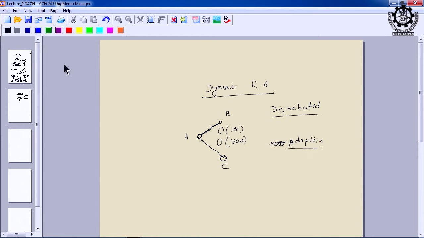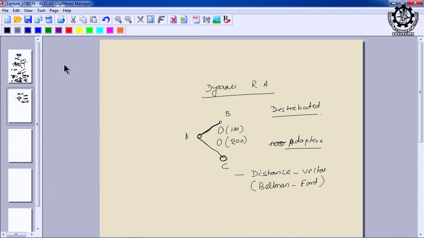And in this category of routing algorithm, the two very important routing algorithms that we will study are the distance vector, also called the Bellman-Ford algorithm. This algorithm is more popularly known as Bellman-Ford than distance vector.